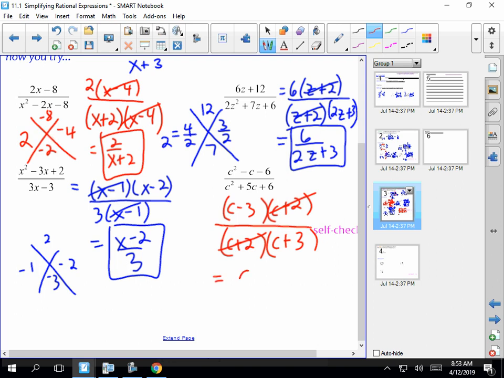And then you have to resist the urge to do any more canceling that is not allowed. Okay, I have a lot of students, guys, right here. I'm sure you wouldn't do this, right? But a lot of students want to just cancel everything here, and you cannot do that. You can't cancel the 3's, you can't cancel the C's. Because of what?